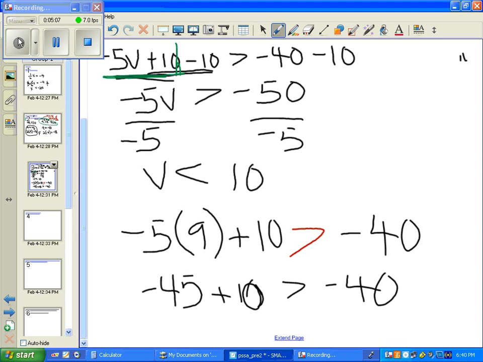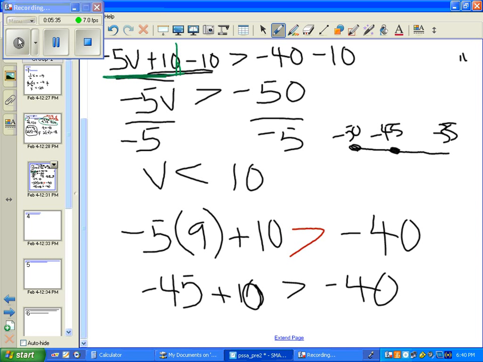Let's get our number line out again. Start here at negative 50. Negative 45. I'm going to add 10 to this. That's going to bring this up to negative 35.